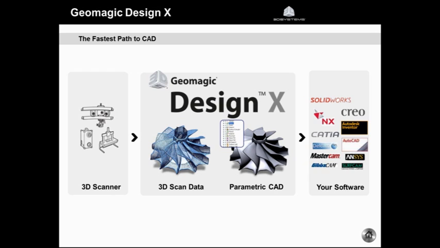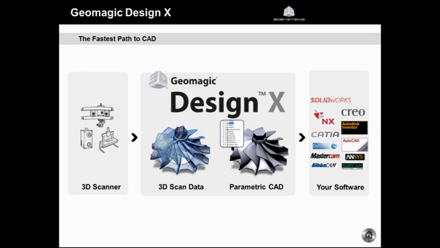And with those dense point clouds, we go to Design X. We import them into Design X and generate 3D scan data as mesh, or we work directly from the point cloud. Then based on this data, we extract features. We extract not only the shape information, we extract the parameters of those features, like a radius or a length or an angle.